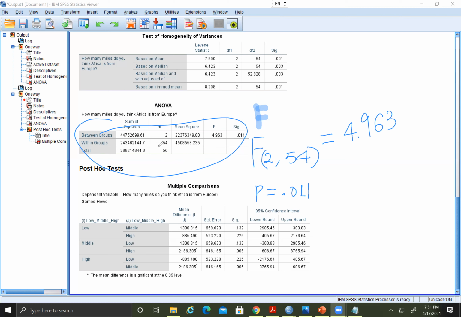Take the sum of squares between, subtract, and so on. You can use this table information to calculate the eta square.